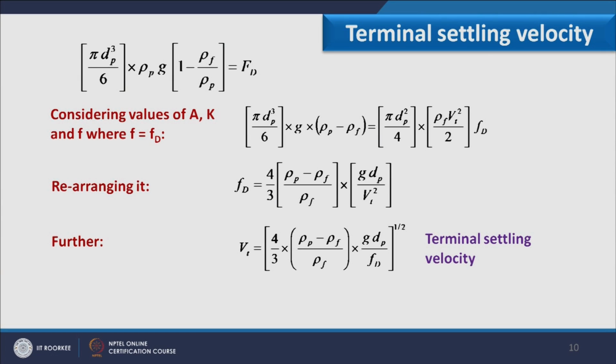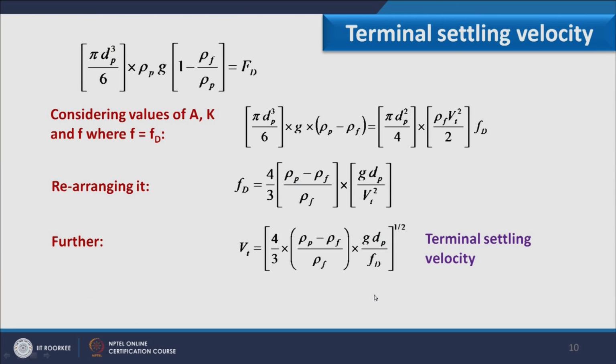Now, it is directly proportional to the particle size, that is dp, the particle diameter. What is the meaning of this? The velocity will increase when we are dealing with a larger particle, and further the velocity will increase when we consider a heavier particle which has more density. So, this is the generalized expression for terminal settling velocity.